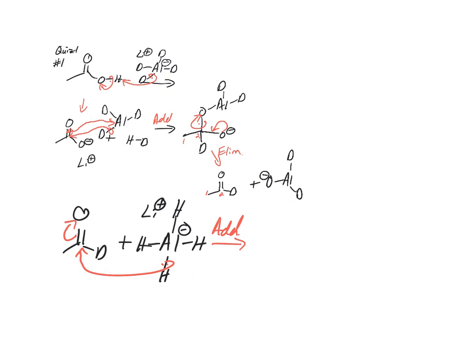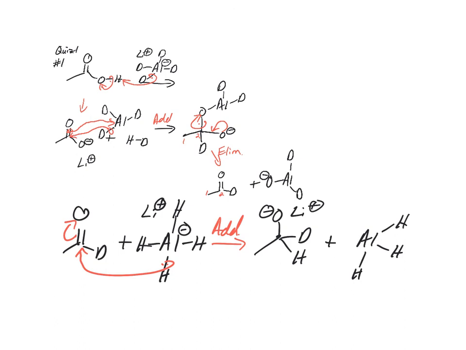So now we'd have a tetrahedral intermediate. Are there any good leaving groups? D is like hydrogen, so no. Right? There are no good leaving groups. So now we're done.